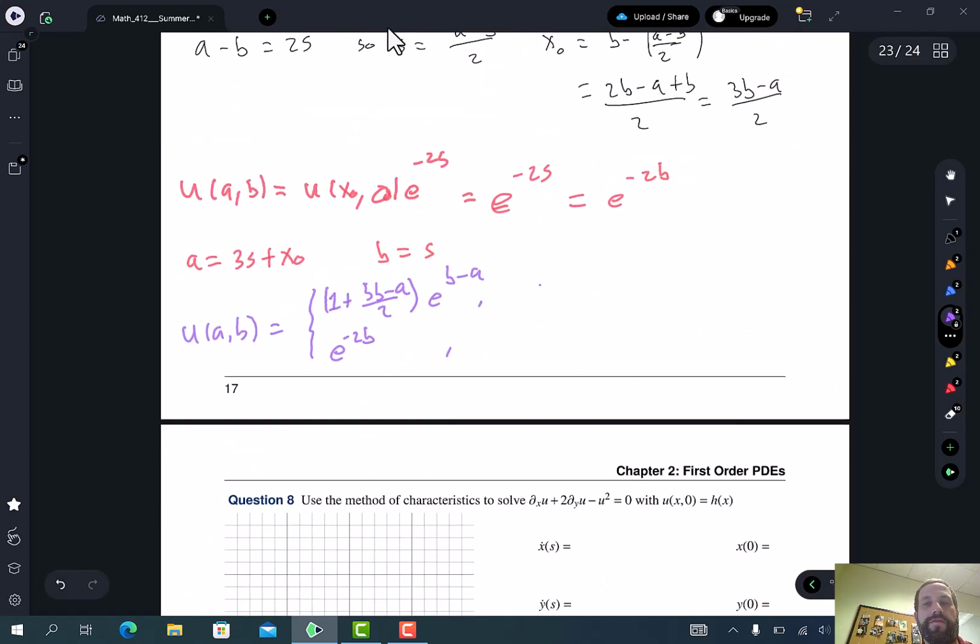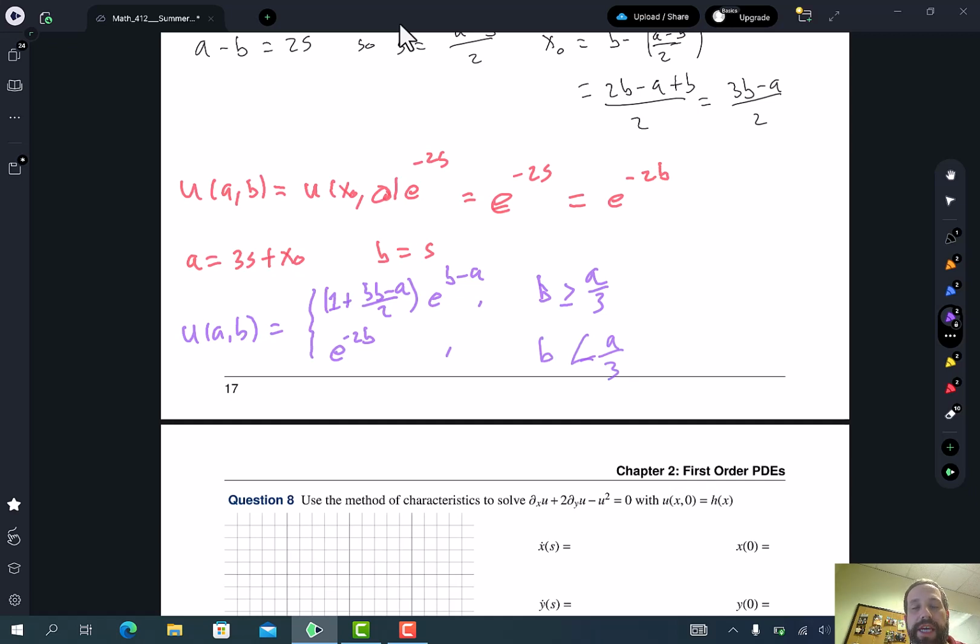So this is for y greater than or equal to x over 3, and this is for y less than x over 3. Actually, I should have this in terms of b. So this is b greater than or equal to a over 3, and this is b less than a over 3.